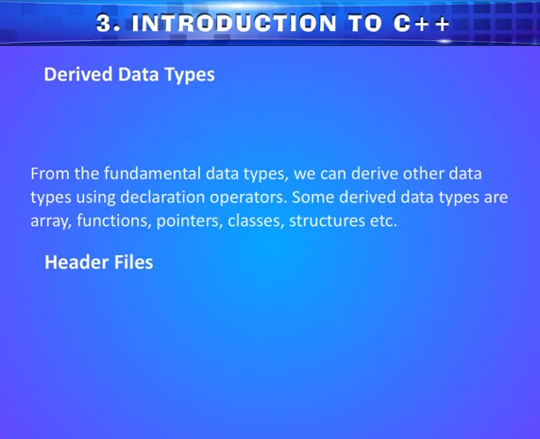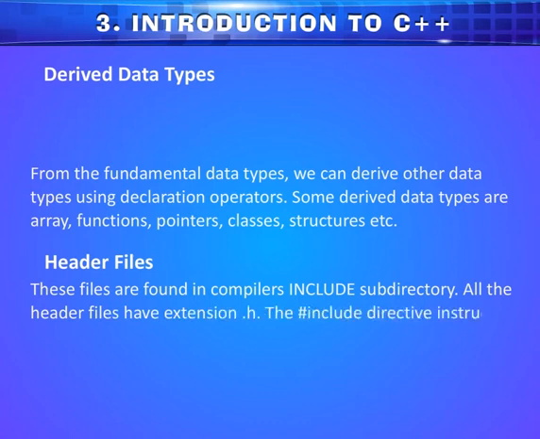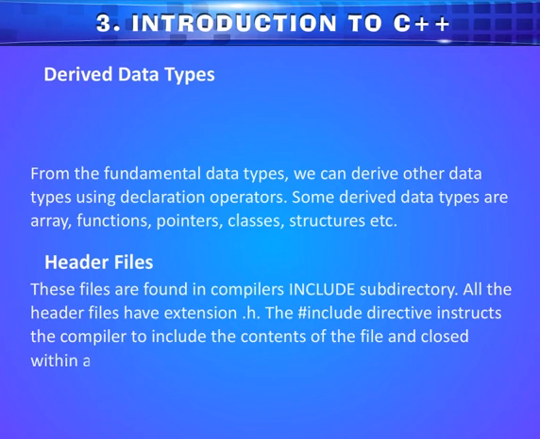Header files. These files are found in the compiler's include subdirectory. All the header files have the extension .h. The #include directive instructs the compiler to include the contents of the file enclosed within angular brackets into the source file.